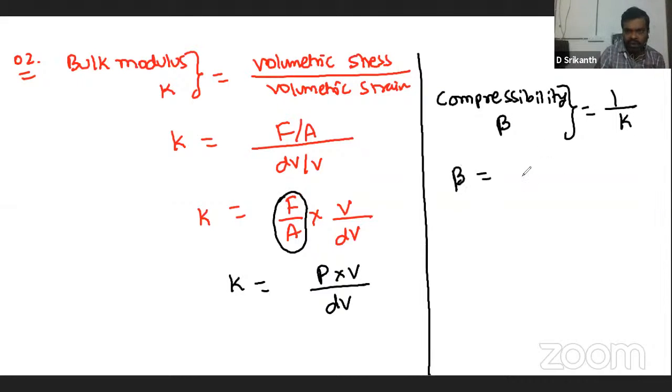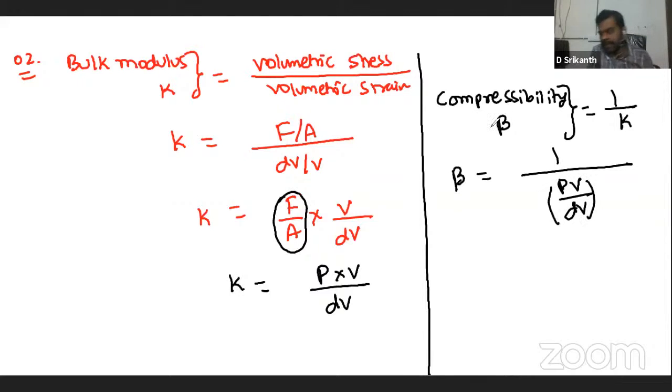Beta equals 1 by K, that is dV by PV. Compressibility explains how much the volume of the object is compressed.